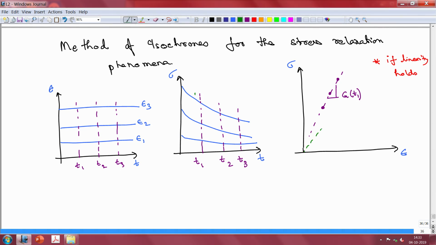Similarly, if you have another time, if you plot, you will get G of T2, and some other time you will get another straight line, this is G of T3, and the time axis is this way. So, as time increases, your graph slope decreases over time. It is easier to visualize this.